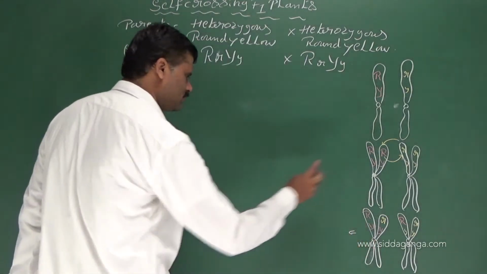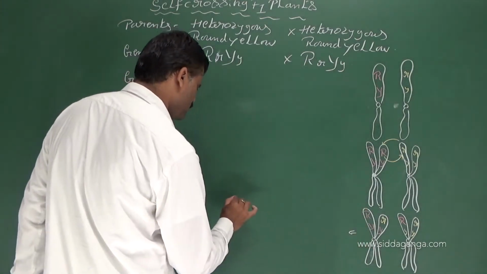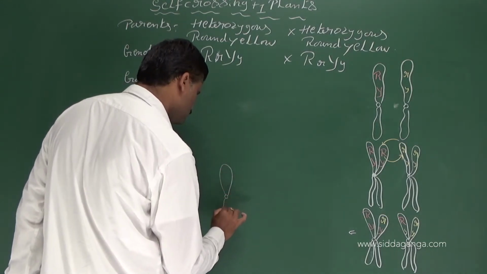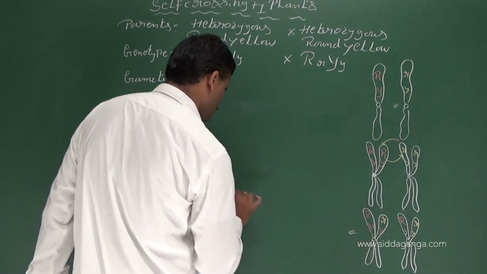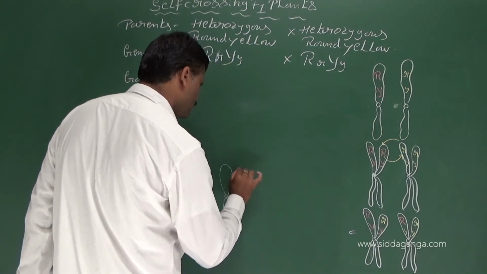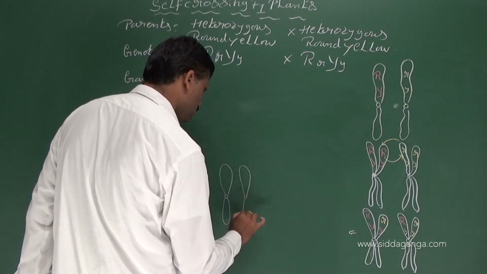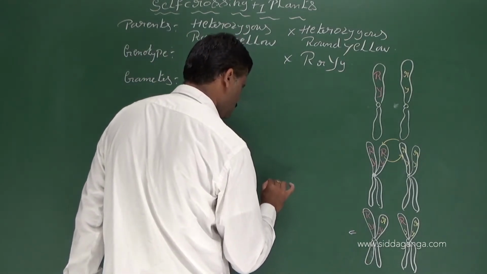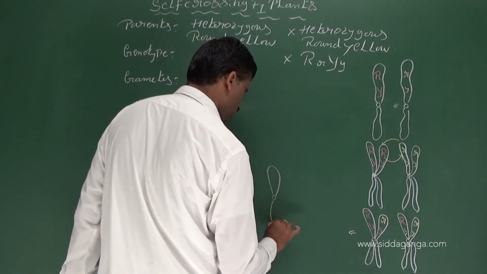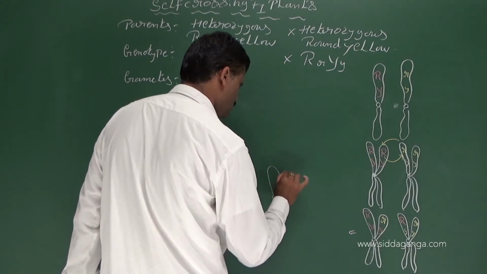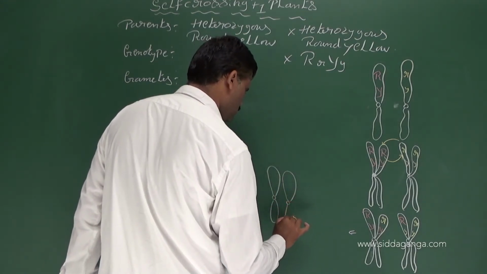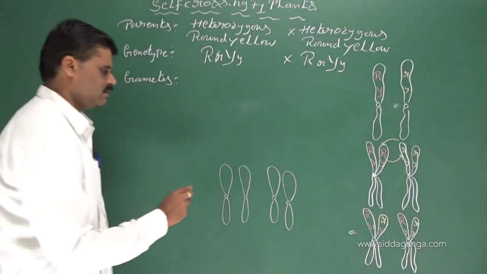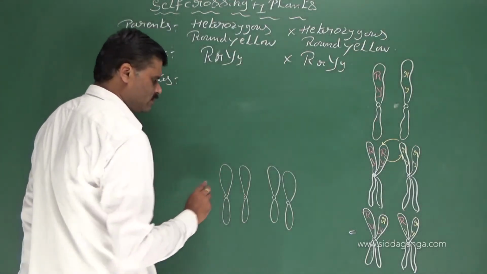The chromosomes split to form daughter chromosomes. From one chromosome, two daughter chromosomes are formed, and each will move to its respective gamete.